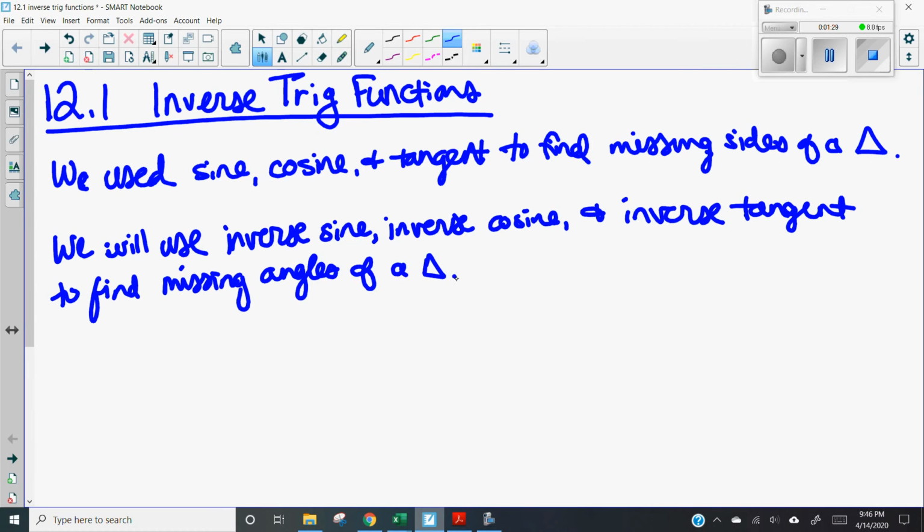If I could pick one thing for you to remember from today, it's this. When you're looking for sides, you use plain old sine, cosine, and tangent. When you're looking for angles, we'll see how we actually set this up, but you'll be using inverse sine, cosine, and tangent.